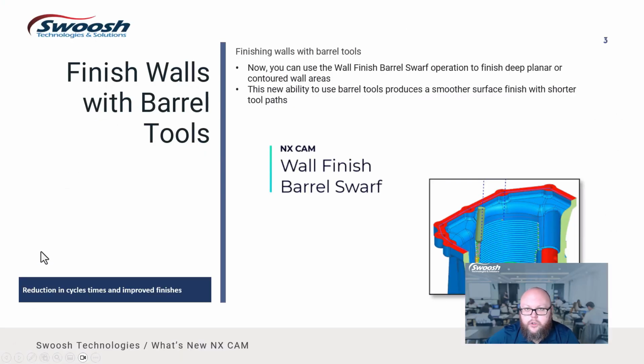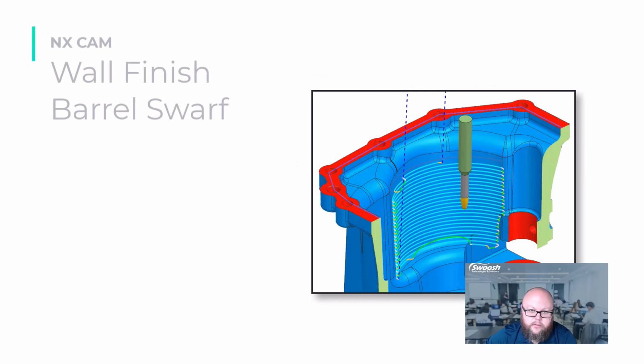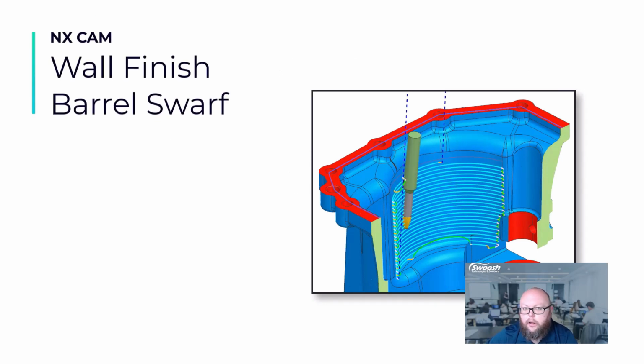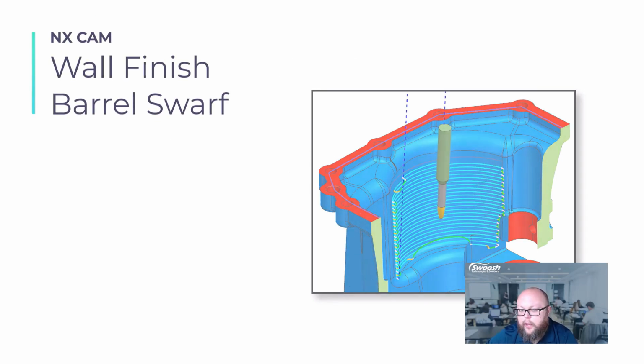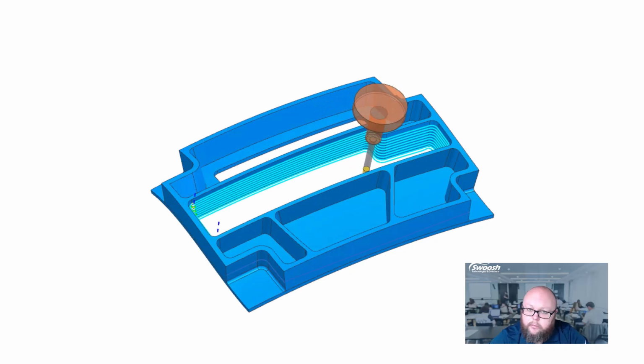All right, finish walls with barrel tools. We now have a dedicated operation for using these tools. NX has long been able to utilize the various types of barrel tools, whether they're taper barrels, tangent barrels, what have you.